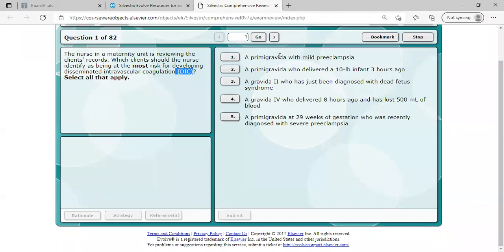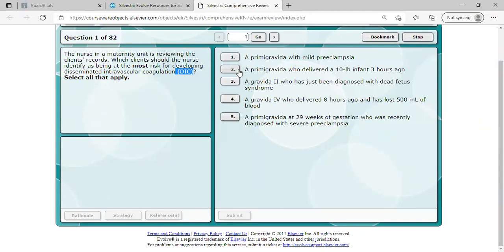Primigravida means the mother who came to the labor room for her first delivery, right? The mother does not have any previous history of delivery, but the mother has preeclampsia. Preeclampsia can lead to eclampsia, but does not lead to DIC. Number 2, a primigravida who delivered a 10-pound infant 3 months ago.